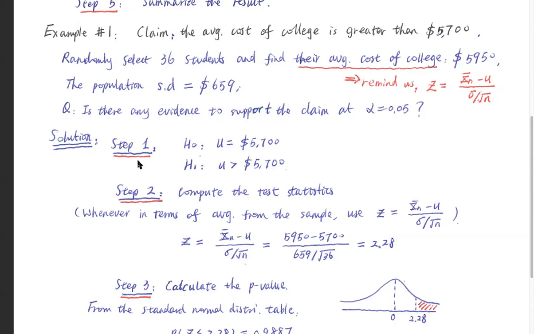Now, step number 1, write down what H0 is and what H1 is. H0 always has an equal sign. So we are saying mu is equal to 5,700, equal to a certain number. The number should be given from the statement, something you want to compare to. Be careful, everybody. You don't want to write down 5,950 here. This is a common mistake.